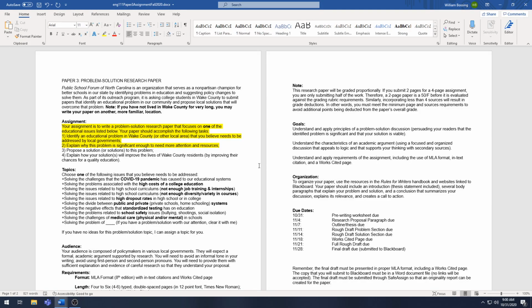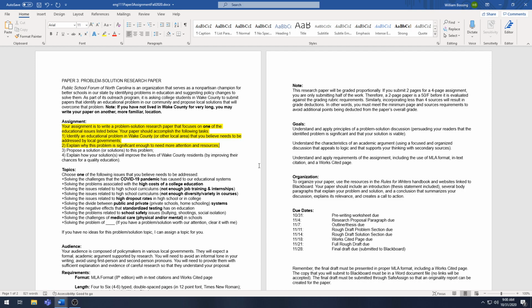And if you think about it, there's 4 little jobs for your paper to do. When you start putting your outline for your paper together, you could just follow these 4 tasks, and those would be the 4 sections or the 4 body paragraphs even of your paper.